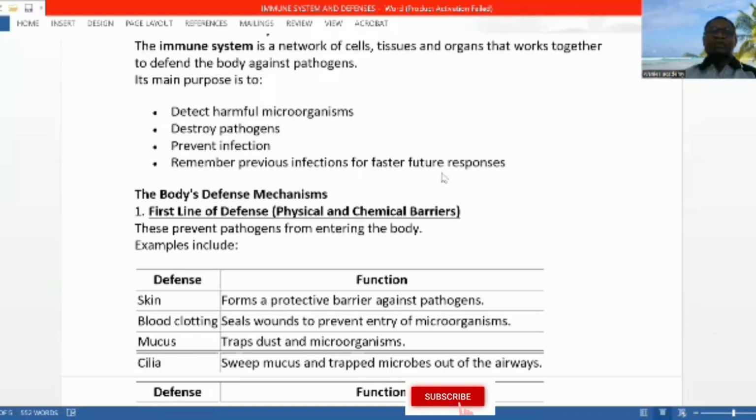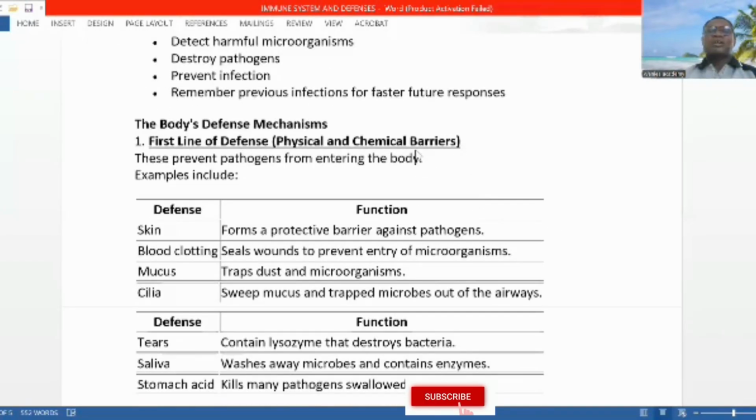The first line of defense is the defense mechanism of the body, preventing harmful microbes or pathogens from gaining entrance into the body. So the body protects itself by providing a barrier against microorganisms that might want to gain entrance into its system. Now, the first line is the skin.